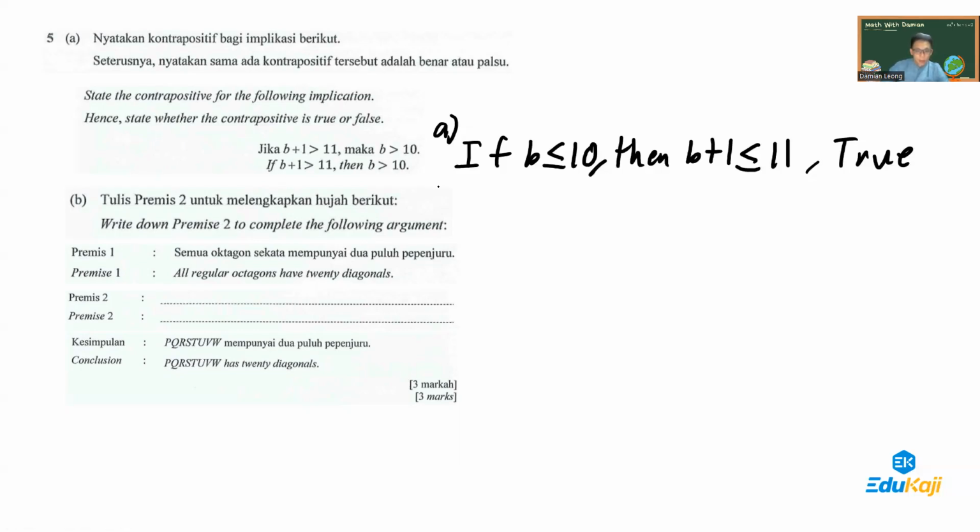For part B, I just want to fill in premise 2. Premise 1: all regular octagons have 20 diagonals. Conclusion: PQRSTUVW has 20 diagonals.